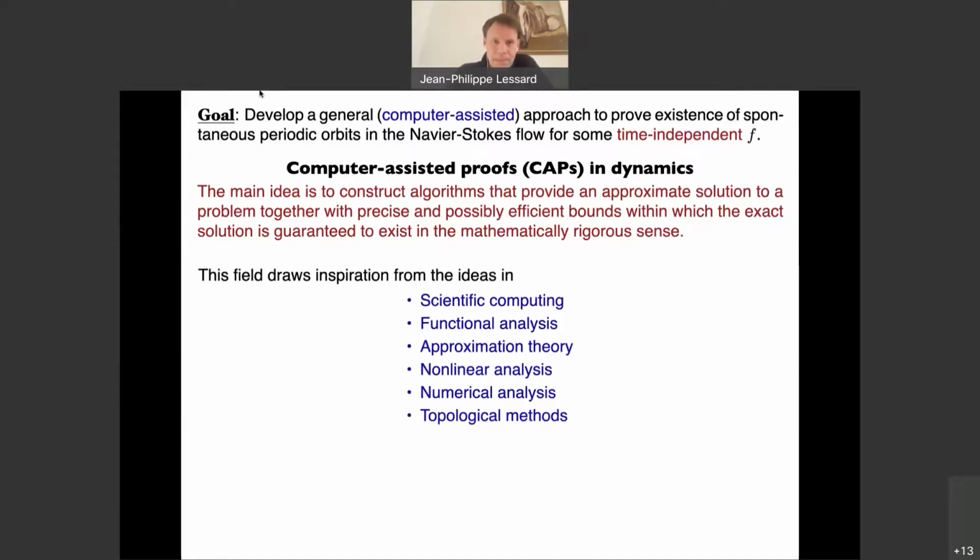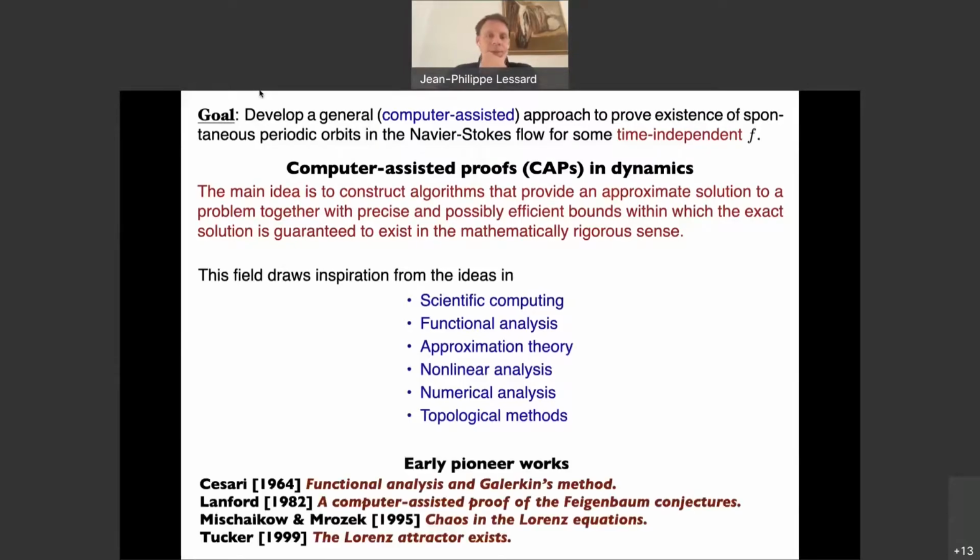Okay, and I mentioned before that this field draws inspiration from different fields, and you can see some here. Early pioneering works of what I'm presenting today go all the way back to the work of Cesari in 1964, and then Lanford in 1982.